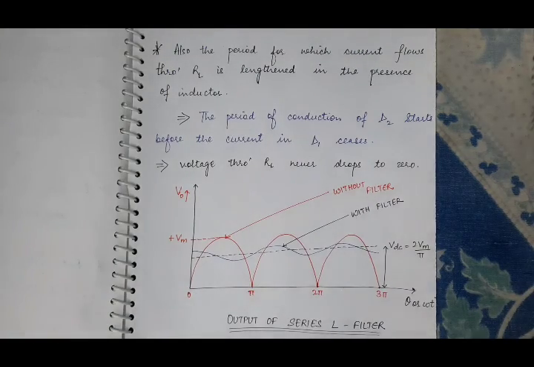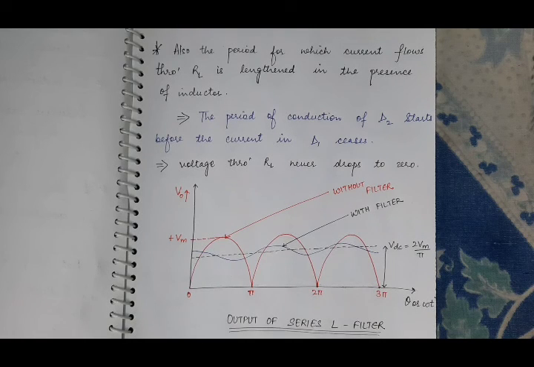So in this way, the time period for which current flows through RL is lengthened by the presence of the inductor. In a simple full wave rectifier, the period of conduction of diode D2 starts only after the current in diode D1 stops.